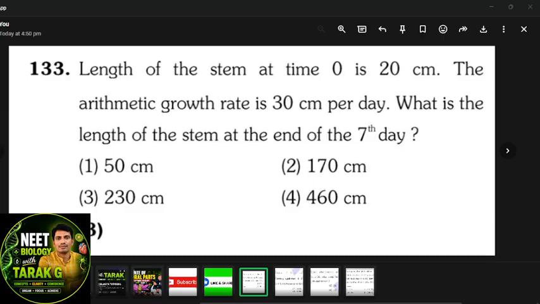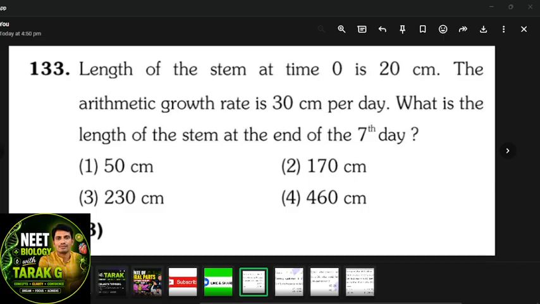Now, LT is equal to L0, the initial length, which is 20, plus rt. r is already given as 30 centimeters, and time is 7 days. When you apply this formula, LT is equal to 20 plus 30 times 7, which is 210.